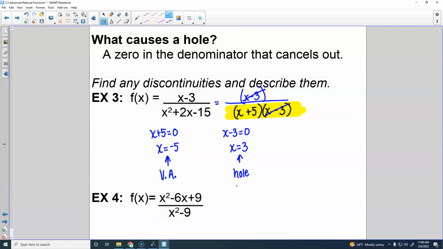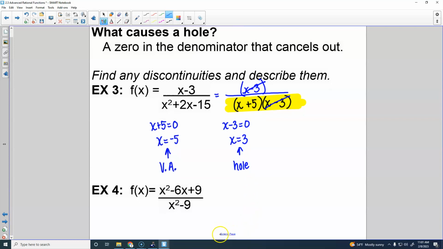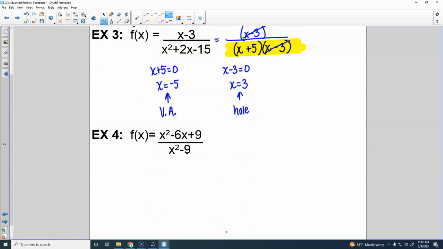So if your term cancels, it gives you a hole. If it is just there in the denominator but does not cancel, it gives you a vertical asymptote. Okay, questions?